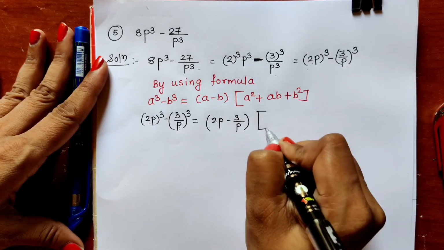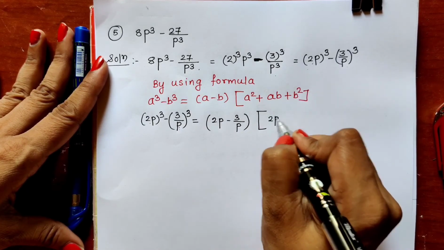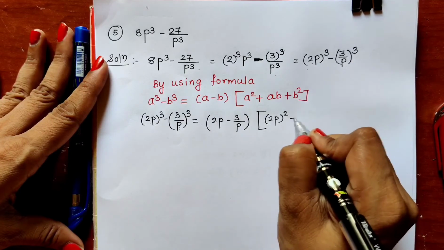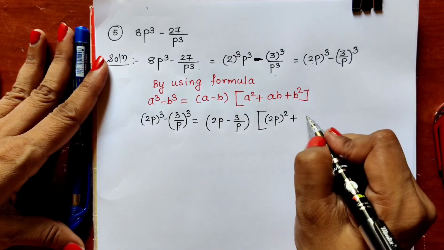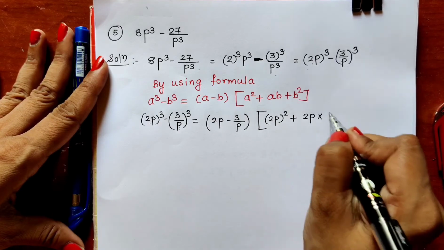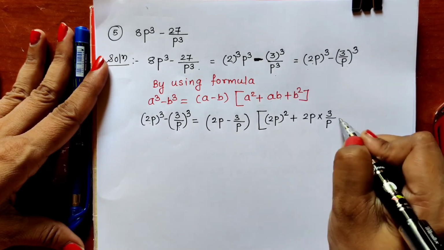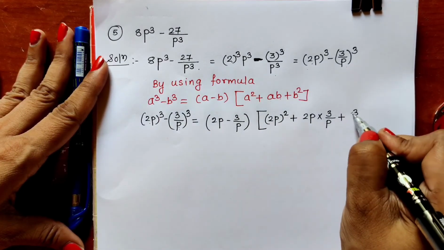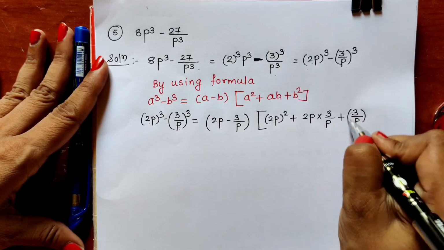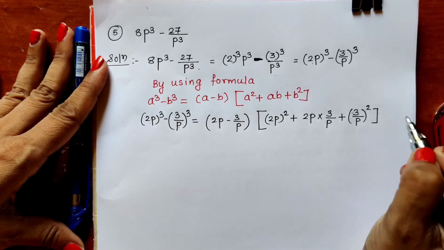Now second bracket, a square means 2p square plus a into b. A is 2p, b is 3 upon p. So 2p multiply by 3 upon p plus b square, b means 3 upon p. So it will be 3 upon p square. Close the bracket.